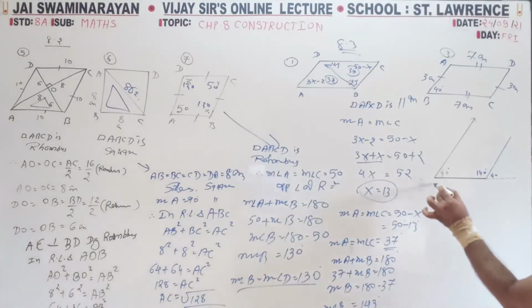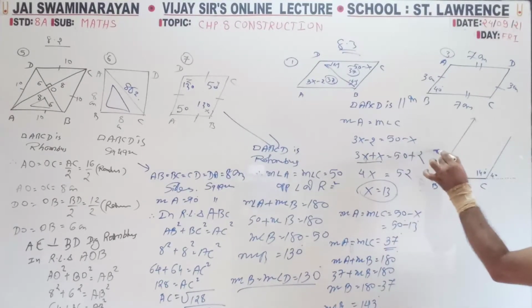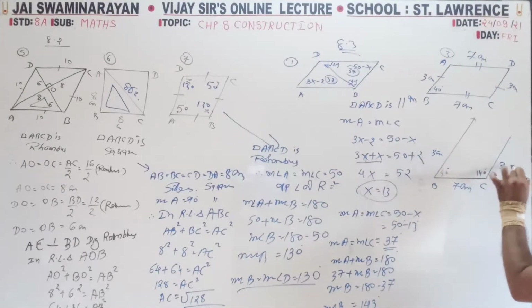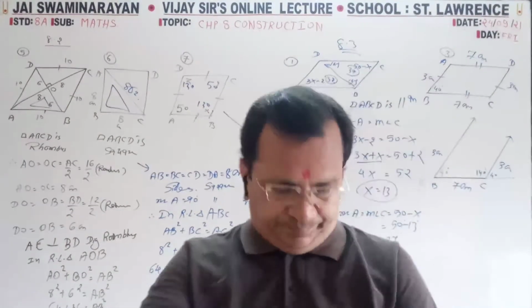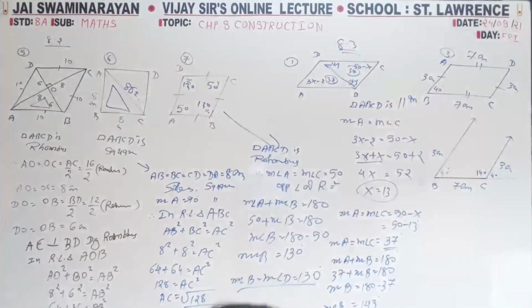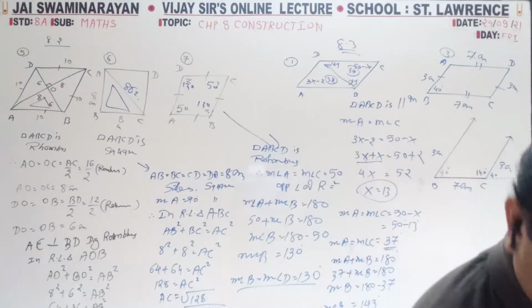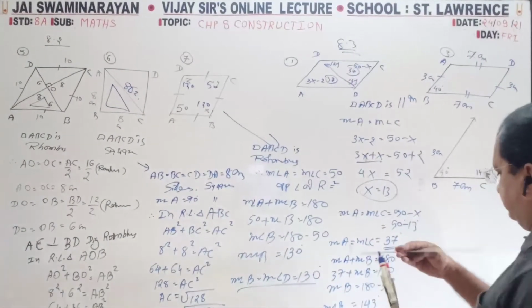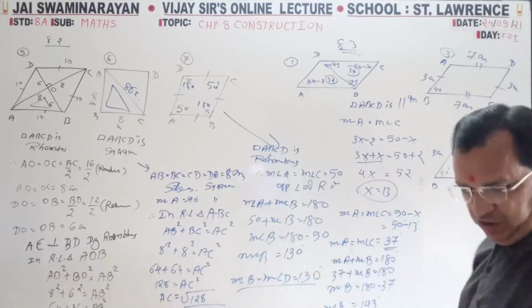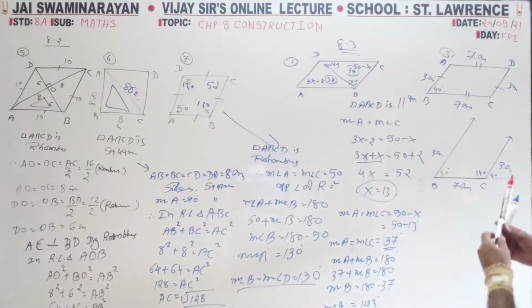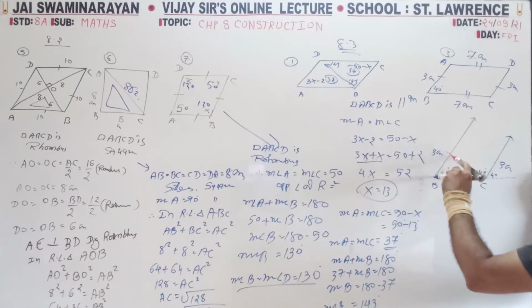So base I have taken BC, 7 centimeter. Now I will take 3 centimeter arc. Three centimeter, correct? From here, I'll cut this.